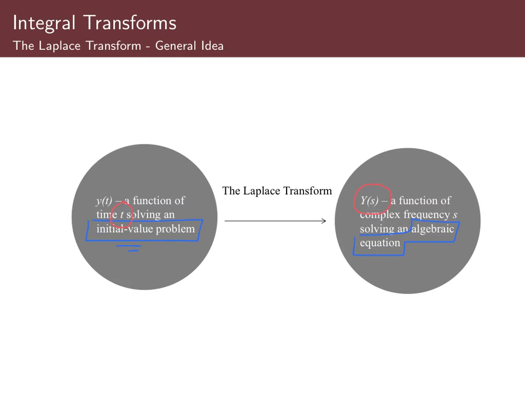Okay, so what we're going to do is take a Laplace transform, take a differential equation, which is hard, turn it into an algebraic equation, which is easy, and then transform back using what's called the inverse Laplace transform.